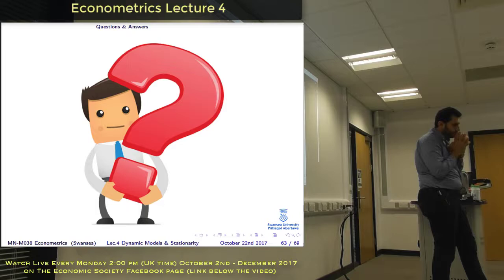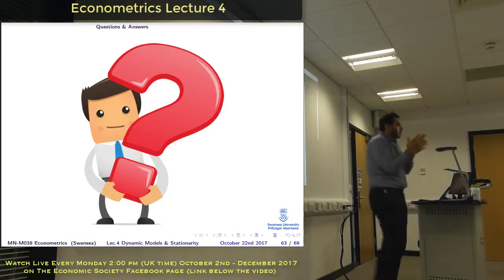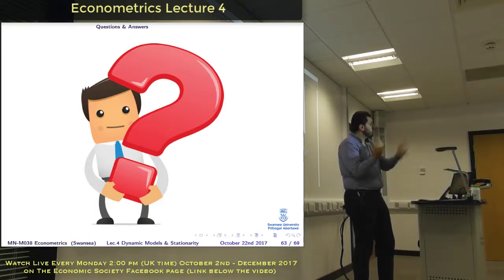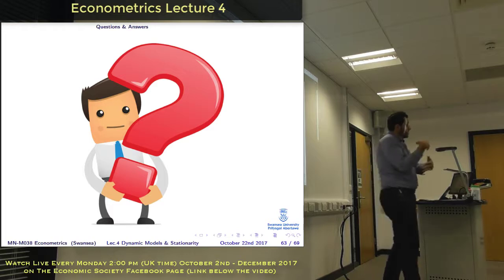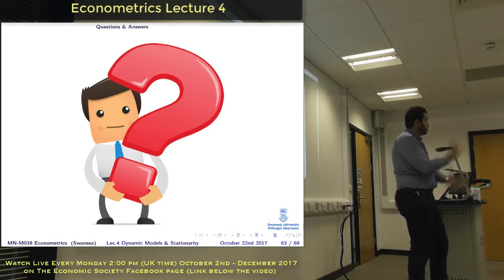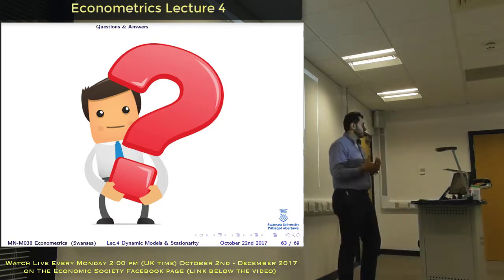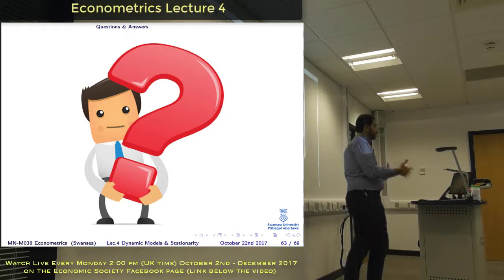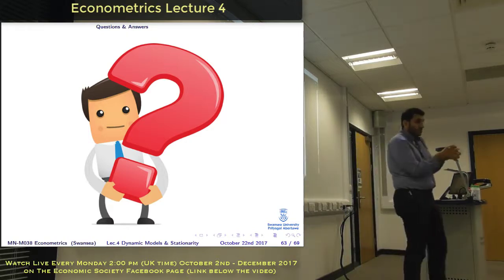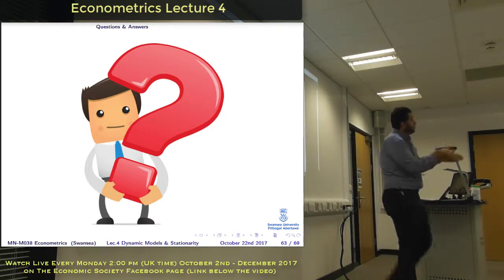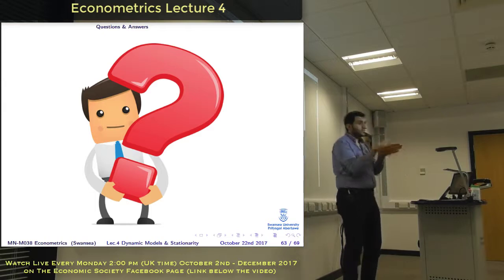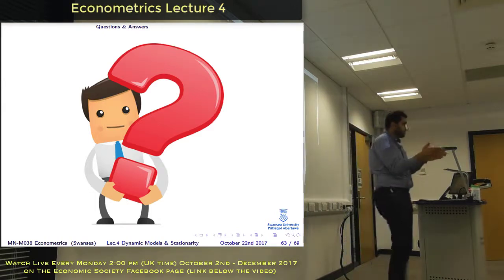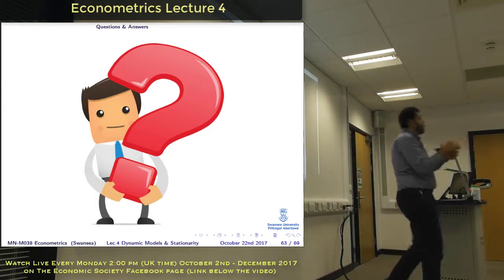One of the assumptions we made is that the data are stationary. Then we moved to explain what stationary means: mean and variance are not changing over time, so they are constant, time invariant. The covariance between any 2 points depends on the distance between them in time, not on time itself.